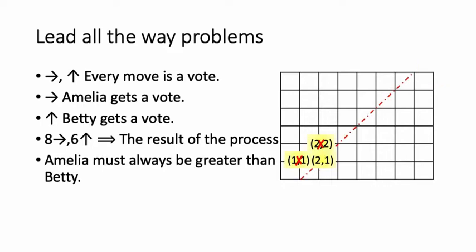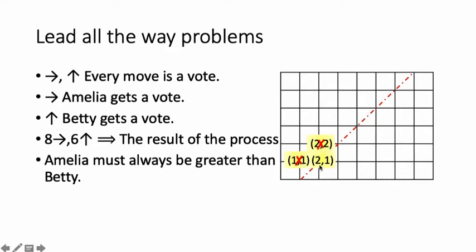So for all of the possible ways from A to B, there's another condition that we need to consider, which is that Amelia must always be greater than Betty. This means that we can draw a diagonal line like this, because Amelia and Betty cannot have the same number of votes, so 1-1 cannot be possible, and 2-2 can also not be possible.